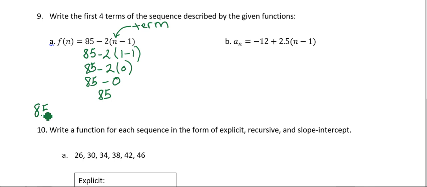Okay, I can continue my process, but hopefully you're going to start to see something. My first term was located right here. But we can go ahead and find our second term now. So I'm going to go through the same process, 85 minus 2 times 2 minus 1. 2 minus 1 is 1.